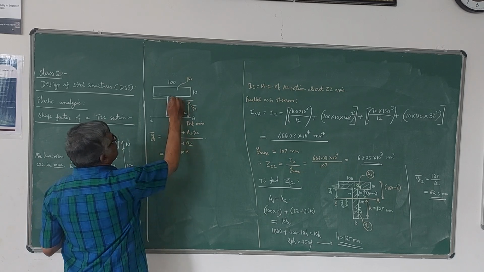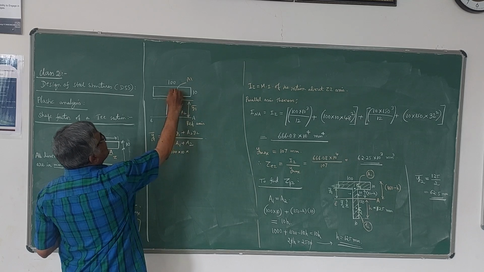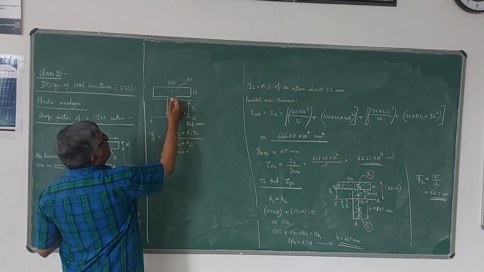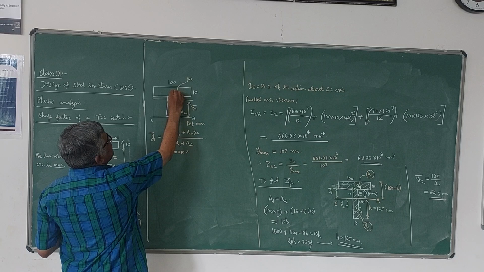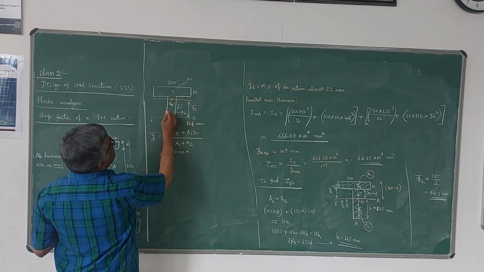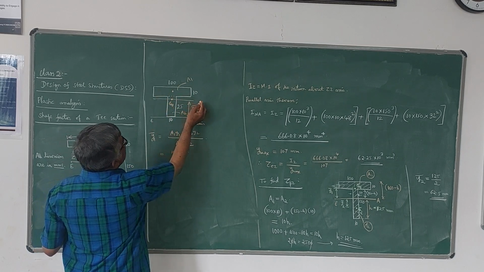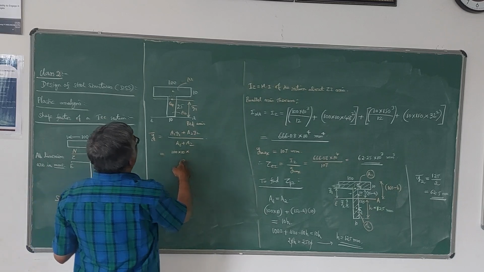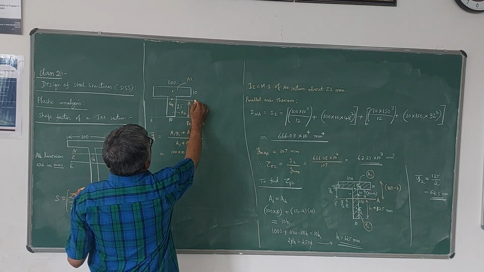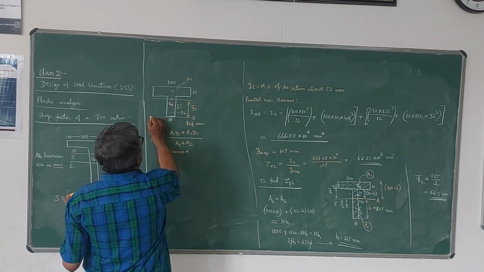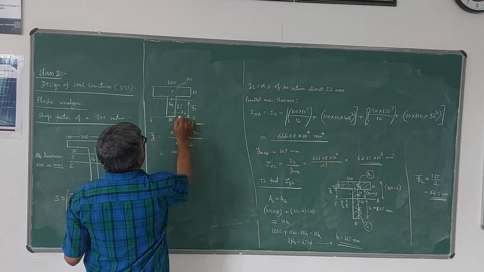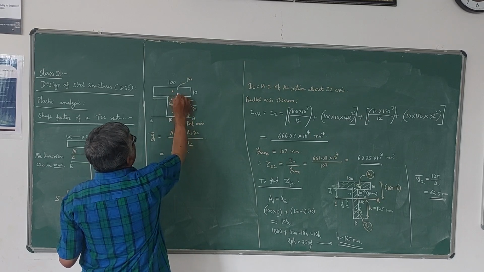So A1 is 100 into 10, into y1, the distance of the centroid of this from G1. Distance of the centroid of this from G1 means, from here, sorry, from here. So from here it is 25 plus 5, 30.